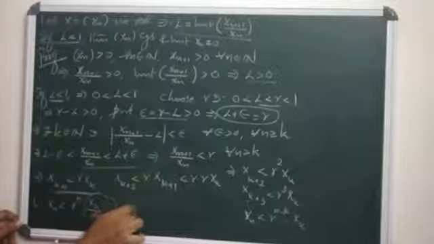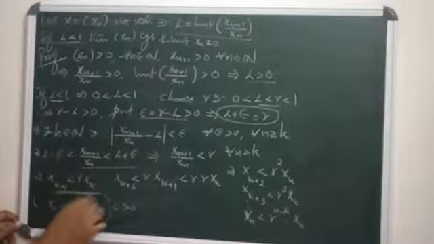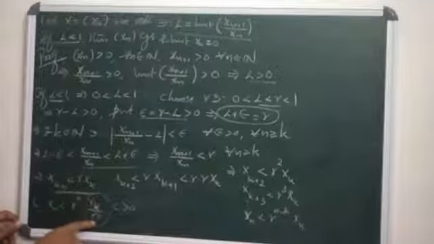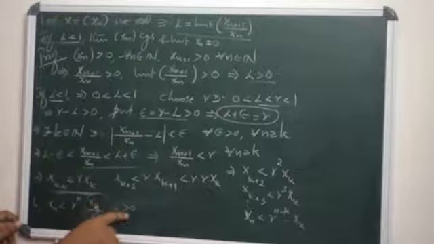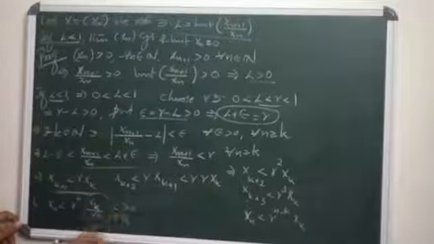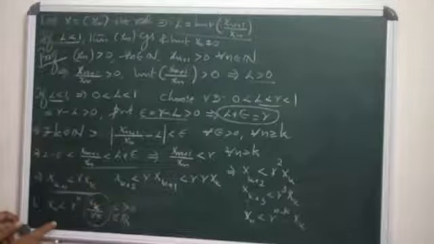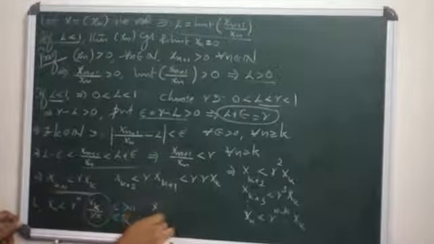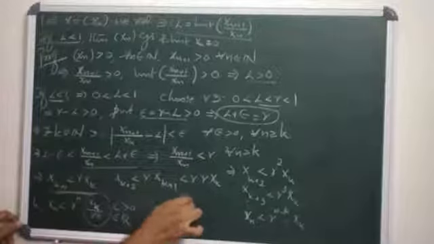So clearly this c is also positive, and c is a real quantity. So we have x_n less than r^n into c.